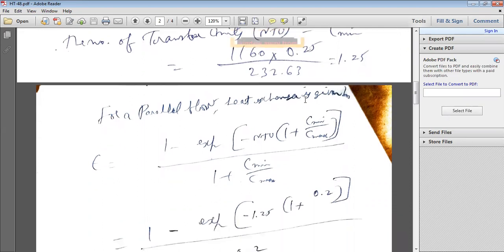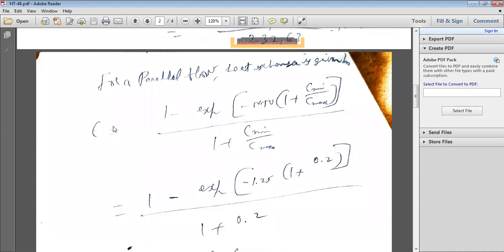So for a parallel flow heat exchanger, how do we calculate epsilon? That is the effectiveness of the heat exchanger. You can denote effectiveness of the heat exchanger with epsilon. So epsilon is equal to 1 minus exponential of minus NTU into 1 plus C minimum by C max, capital C, heat capacity, divided by 1 plus C minimum by C max.